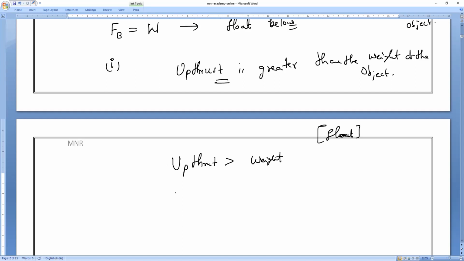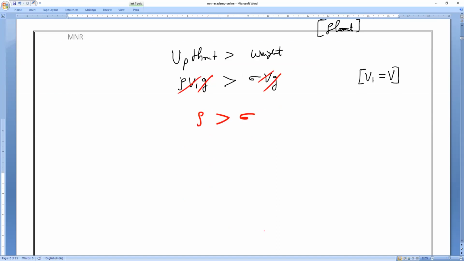Observe very carefully. I will say upthrust is greater than weight. What is the upthrust formula? Rho V1 G is greater than sigma Vg. Just now I said the volume of the liquid displaced is equal to the volume of the immersed object. So g gets cancelled, and V1 and V get cancelled. So rho is greater than sigma. When will the object float? When the density of liquid is greater than the density of object.